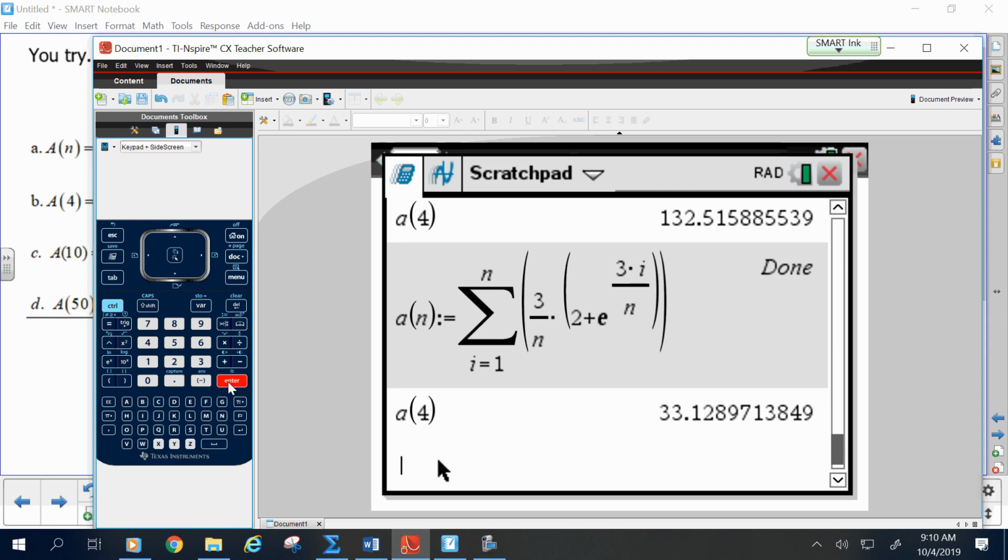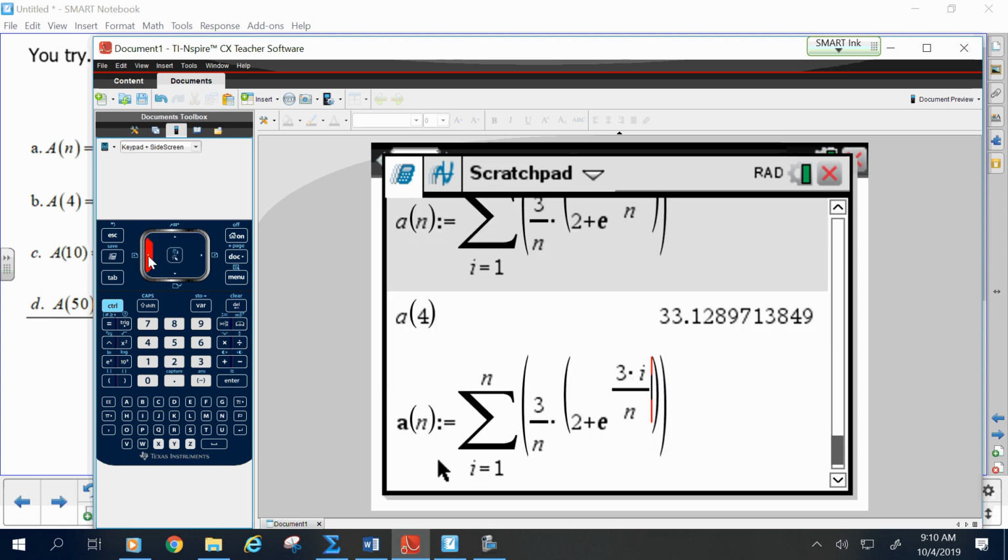Yes. The function is not 2 plus e to the, it's e to the 2 plus, yeah? I had the 2 in front of the e. The 2 plus is in the e.